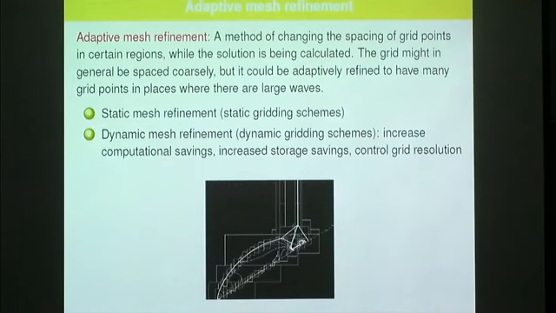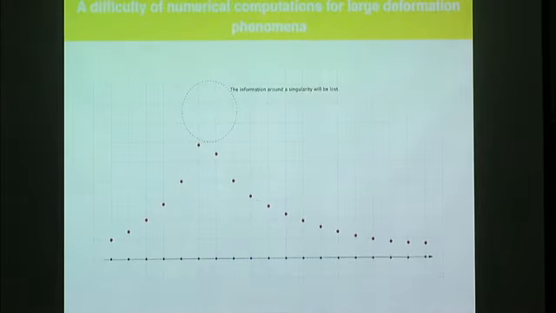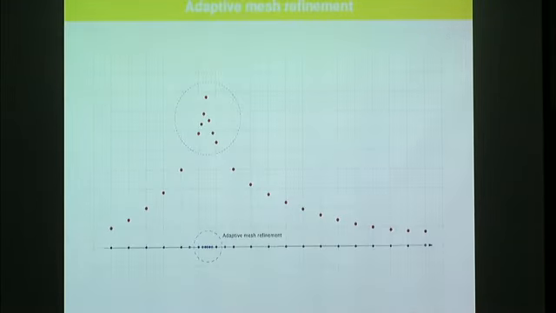Another one is dynamic mesh refinement. If the location of the singularity moves, then you must change the location of many grid points. For example, if you have a wave phenomenon, and here you have a peak, you can make many points around the peak.